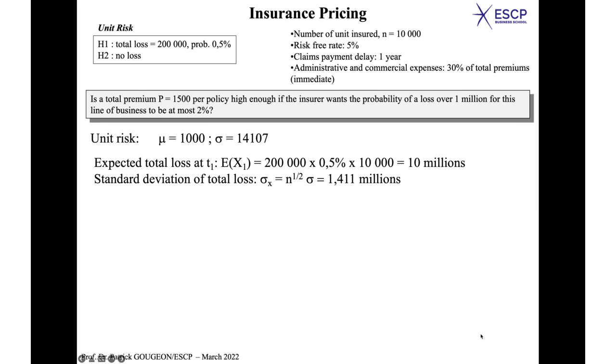Because the claims payment takes place 1 year after you have collected the premium, it is indeed the expected loss per unit times the number of units, so 10 million. 10 million is the amount you expect to be paid in 1 year from now, if you decide to sell a policy to each of the members of the group. What about the standard deviation of the total loss?